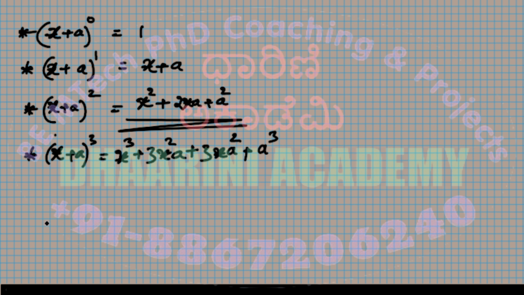All right. So like this, you can expand any term you want. Let me write a few more terms. I want you to calculate (x + a) to the power 4, just as a practice.